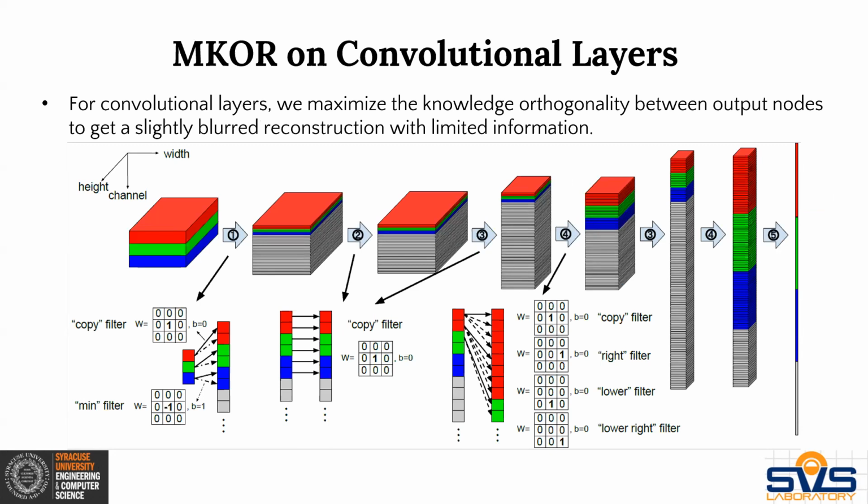For CNNs, such as VGG, the input of the dense layers is the output of the convolutional layers. So we want to reconstruct the input of the convolutional layers where we have the output and the gradients of the parameters.